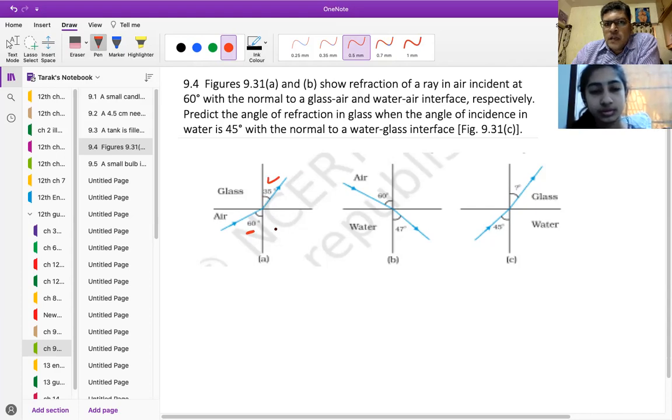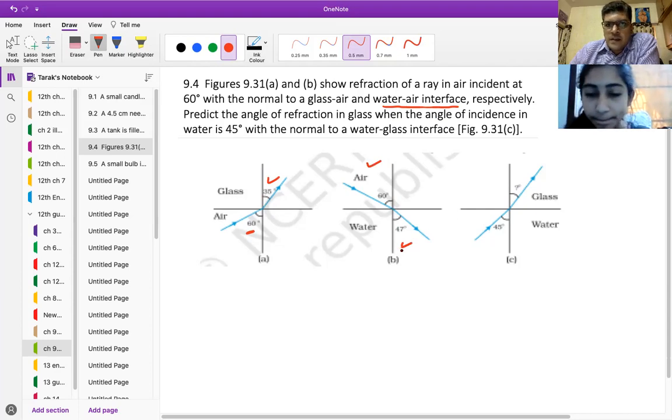In the next figure, it is called the air-water interface, where my ray starts its journey at an angle of 60 degrees and goes into another medium where the angle is 47 degrees.